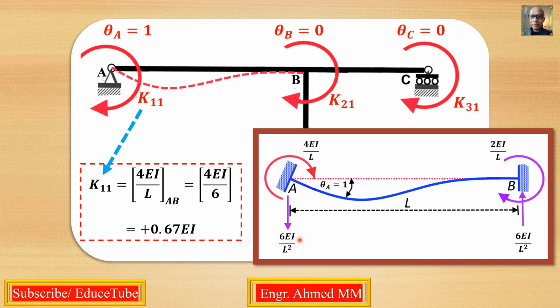So anti-clockwise there will be a couple of forces, that is 6EI over L squared, 6EI over L squared. This is the opposite direction of this moment.